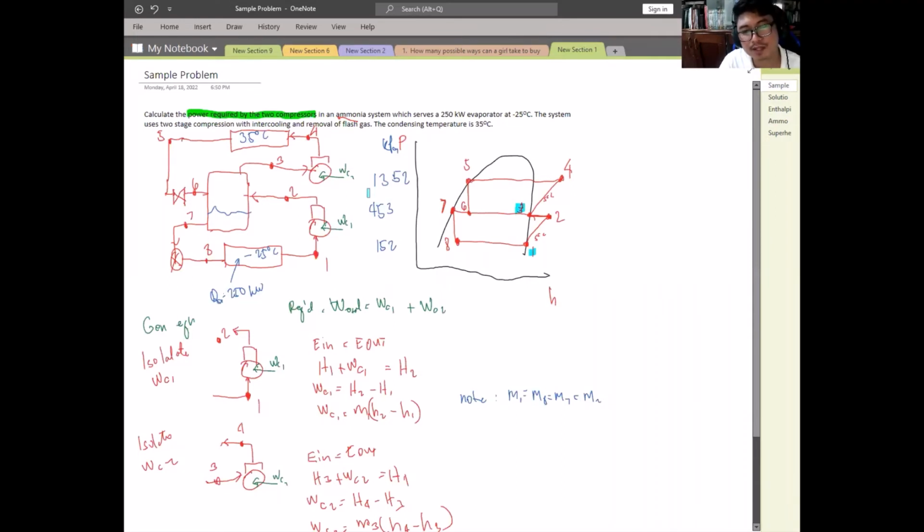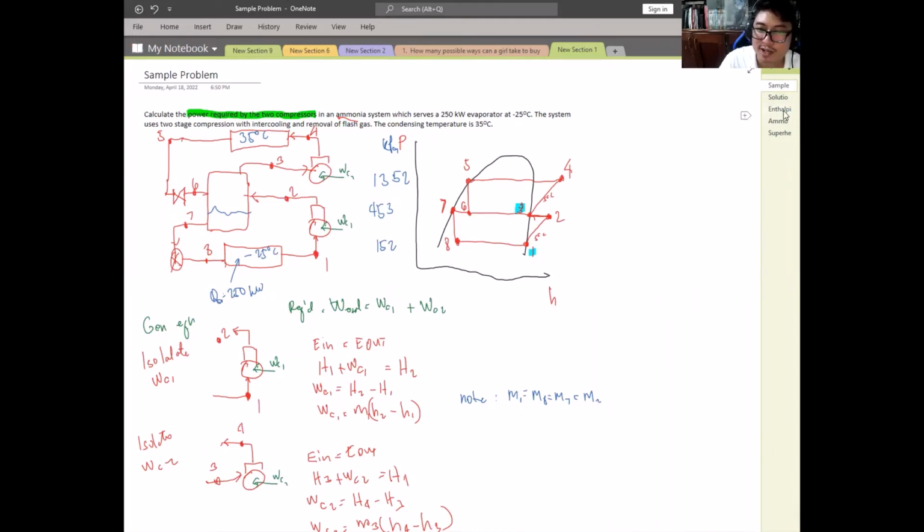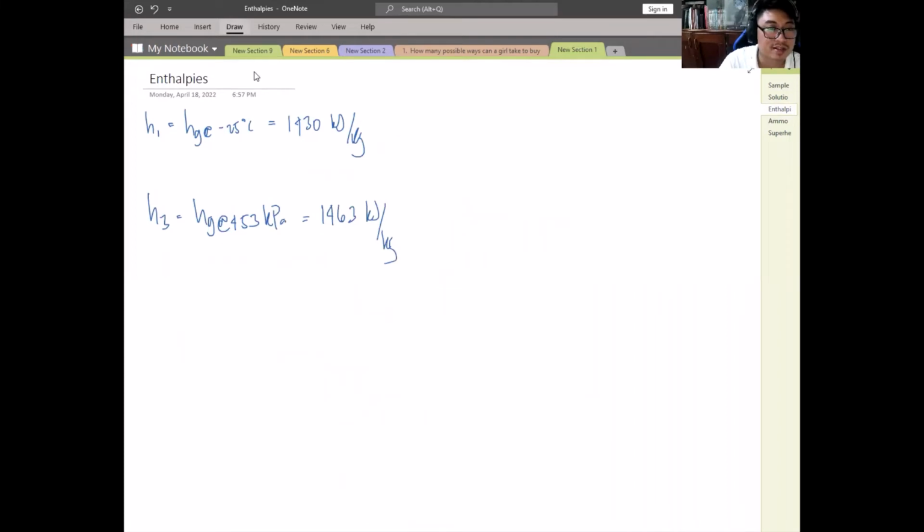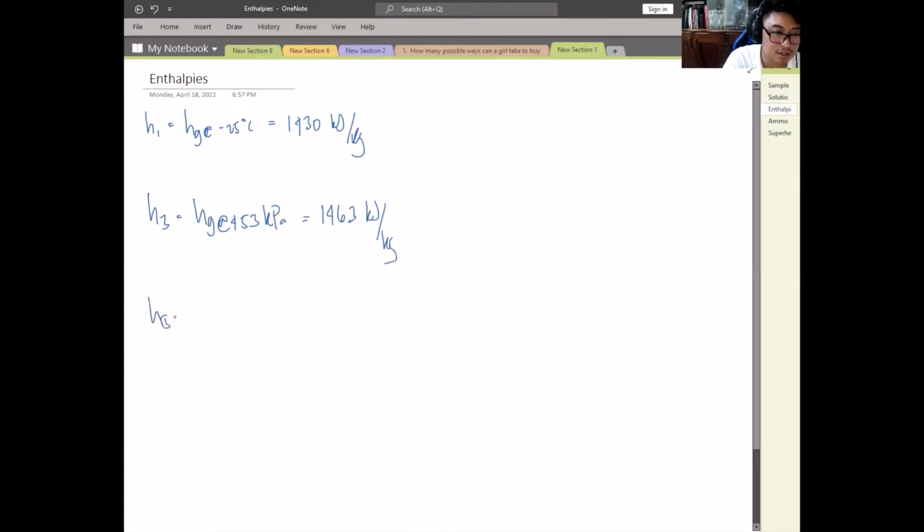Alright. So, ano pa yung madaling makuha rito? So, si H5. And H5 is equal to H6, di ba? Napakadali lang po. So, saan na tayo? H5 na tayo. H5 is equal to H6. Same enthalpy lang naman sila. Constant enthalpy.